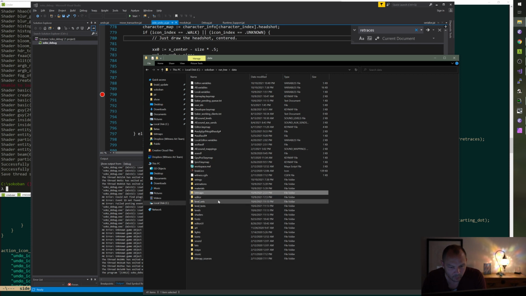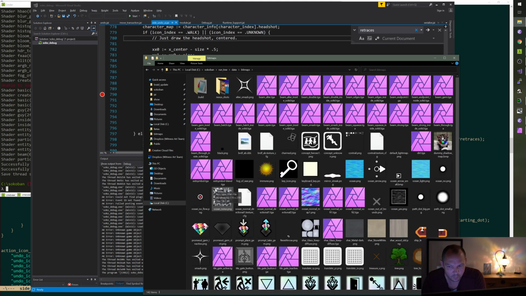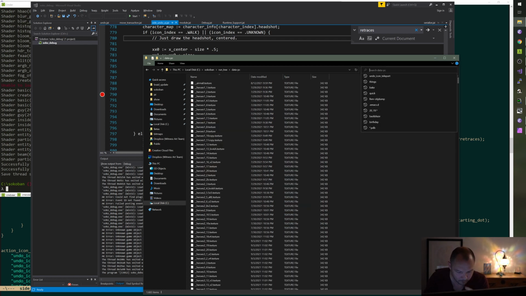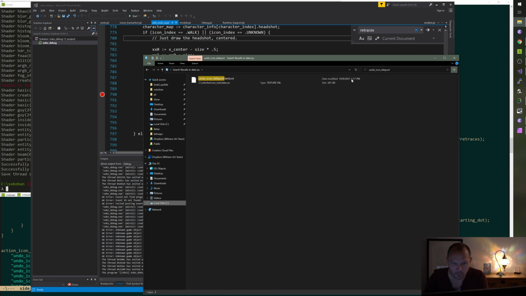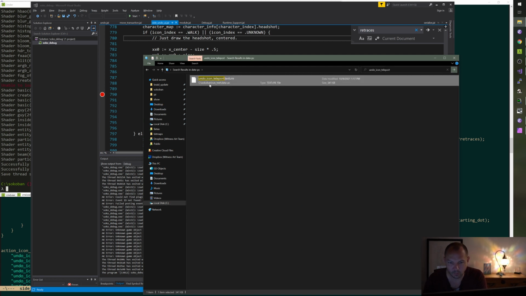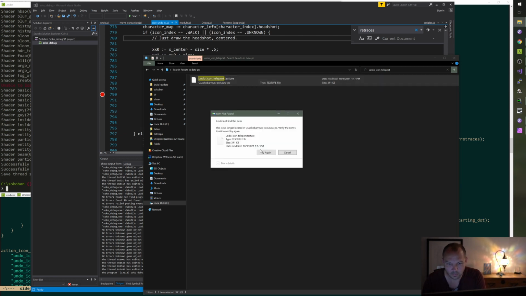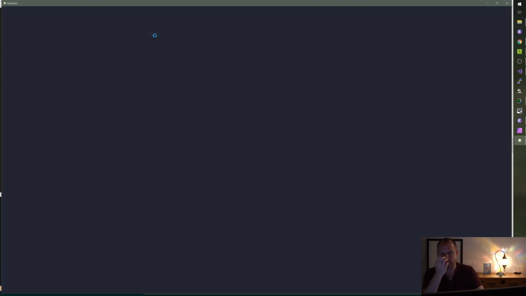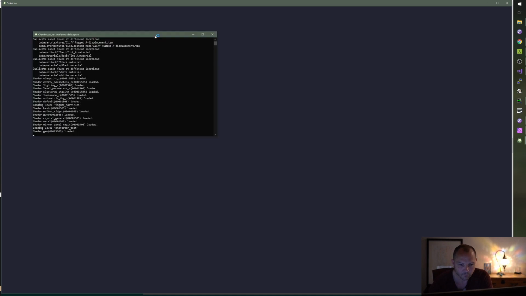Where do we write out our... undo icon teleport dot texture. Okay, I delete this. This isn't smart enough when you press delete on it to actually delete from the view.